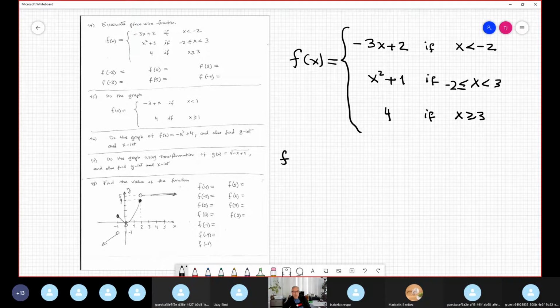So suppose you want to evaluate f at negative 2. Well, what piece of the function do you select? The first, the second, or the third? This or that? Okay, first of all, in the analysis of this piecewise function, you see in what interval negative 2 lies, and you select the corresponding expression with this interval.